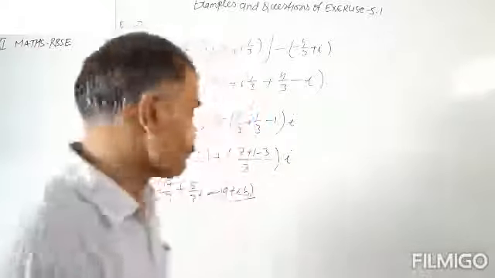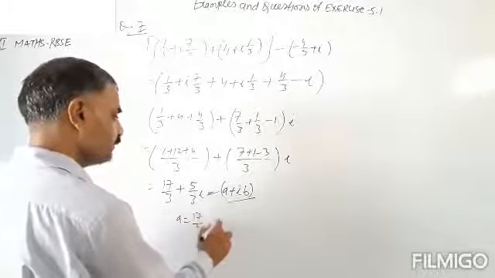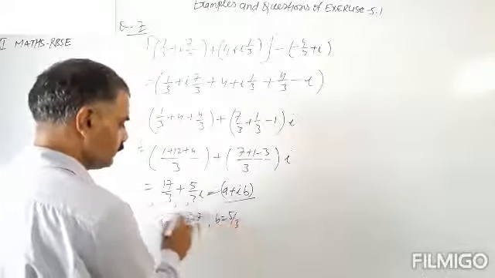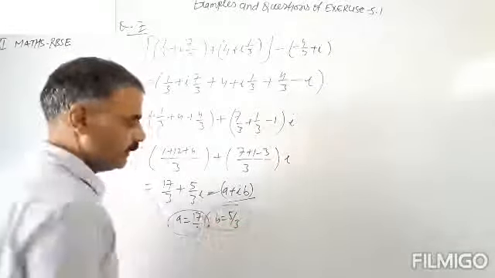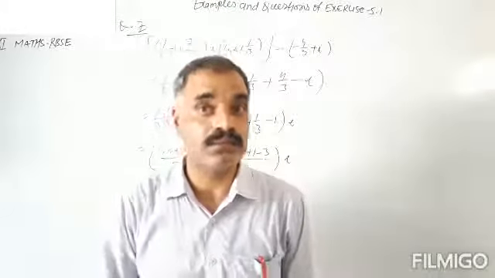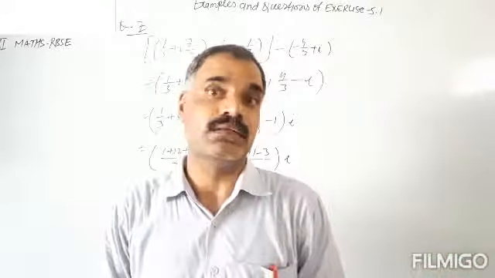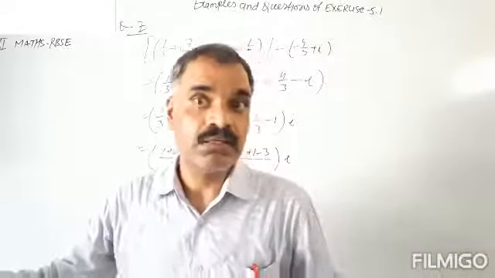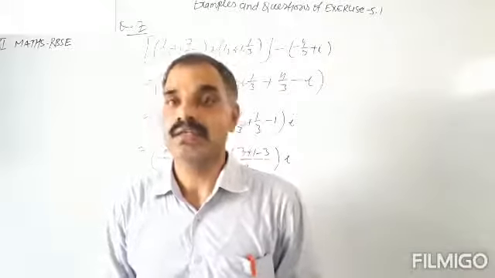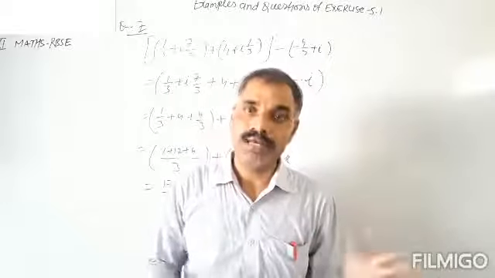Here a equals 17 by 3 and b equals 5 by 3. In this way we can put the given complex number into a simple complex number by solving like this.